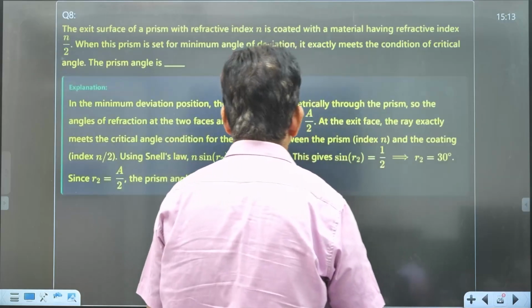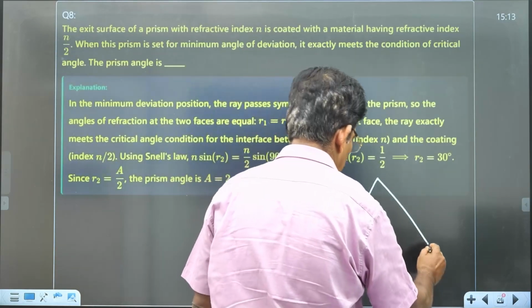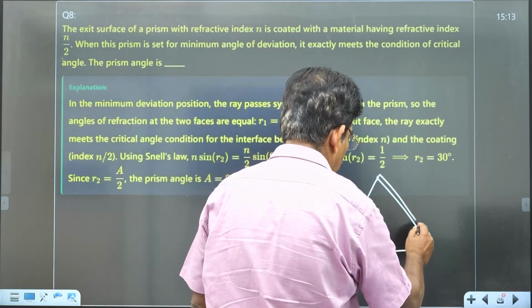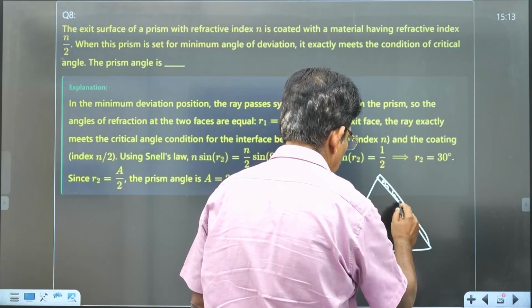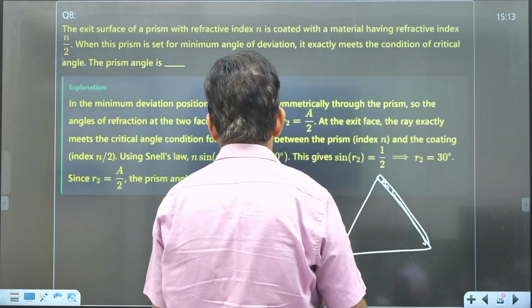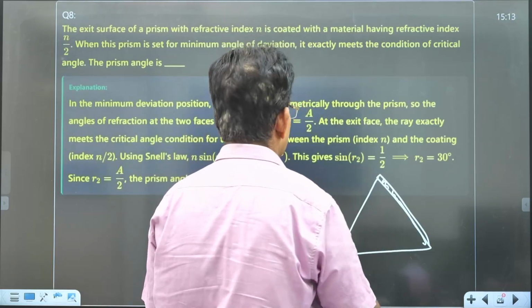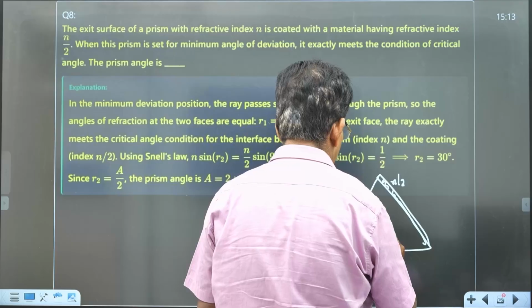So let us better draw a diagram. This is being coated with a material of refractive index n by 2. And here it is n.